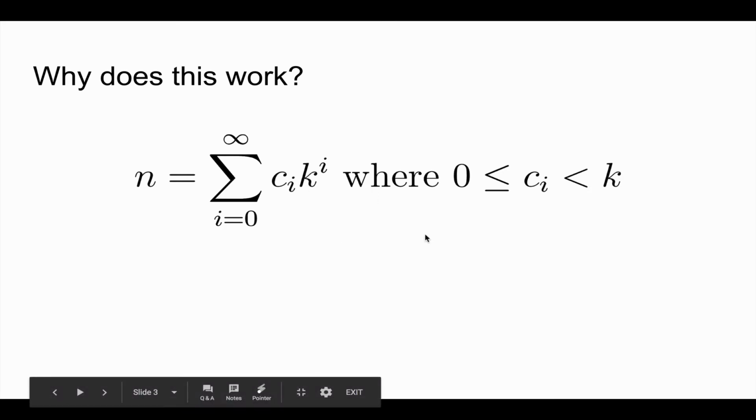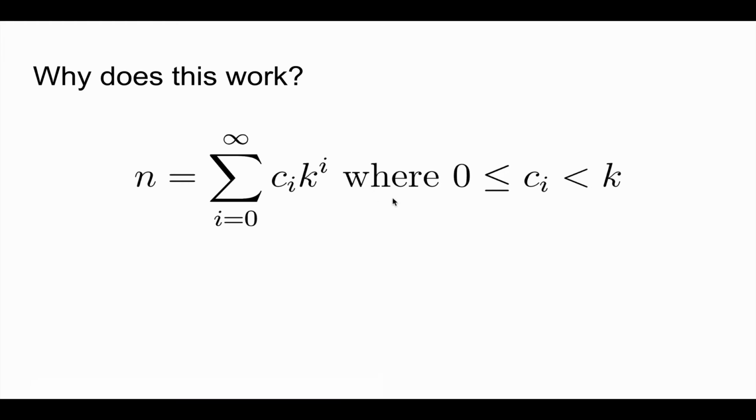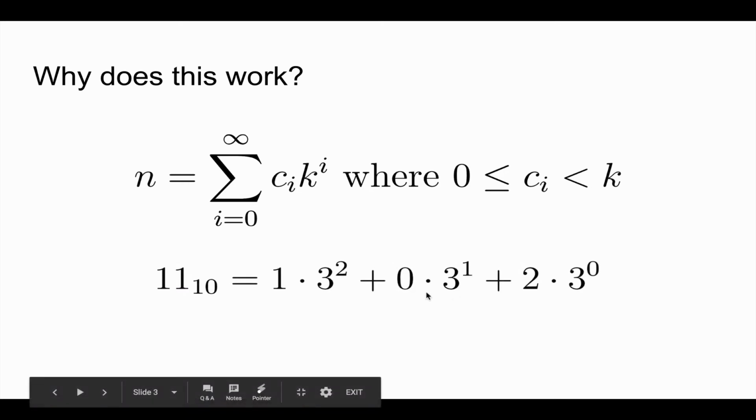Well, first of all, we just have to realize that any number that we have, we can write as a sum of a bunch of terms where every term is two numbers being multiplied, where one number is an exponential and the other one is a coefficient. Just like on the last page we saw.